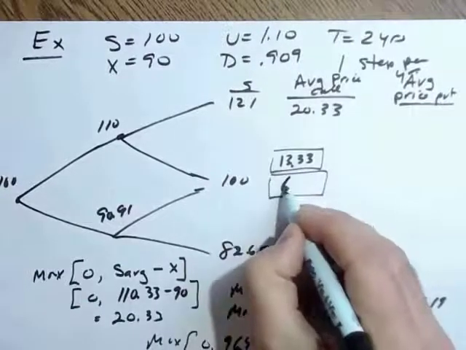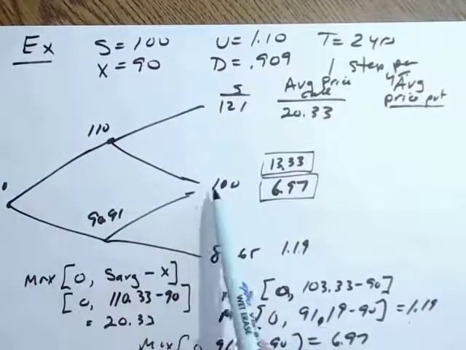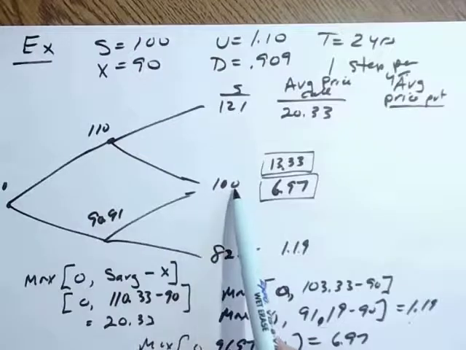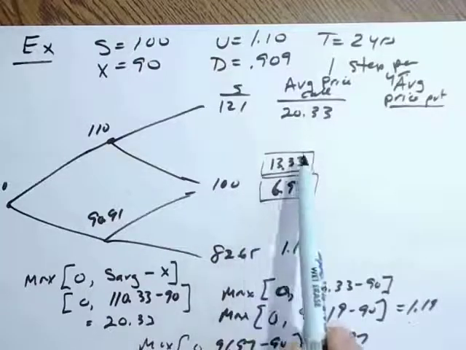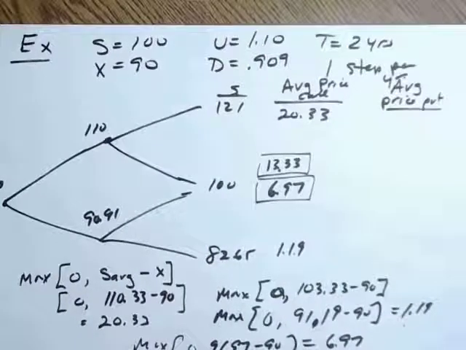So this is $6.97. So you can see how you get to this payoff is crucial in determining these Asian options. The path is very important.